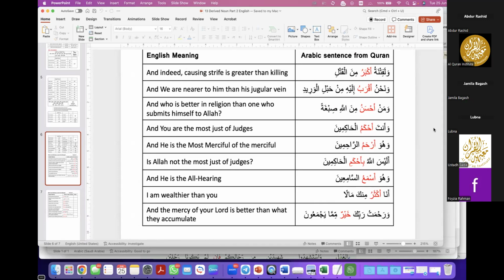Your justification? It could be comparison, or it could be a place also.